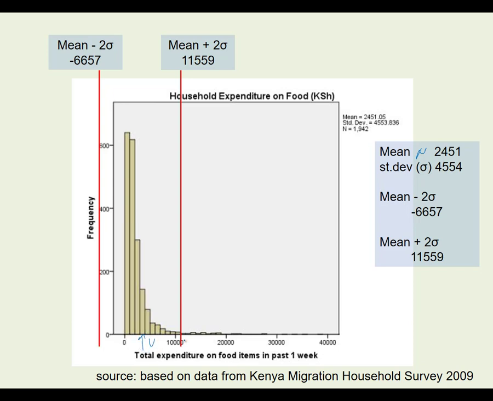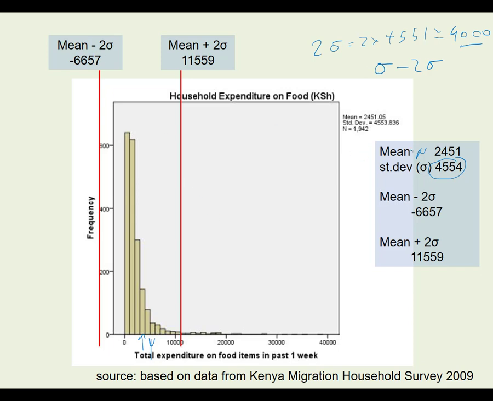And what the rule of thumb tells us is that if we double that, so 2 times that is approximately 9,000 roughly. So that's 2 of them. So if we start from here and we subtract 2 of those, so that's this minus about 9,000, we come down to about here.